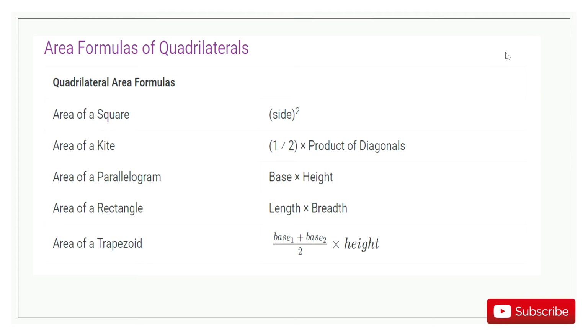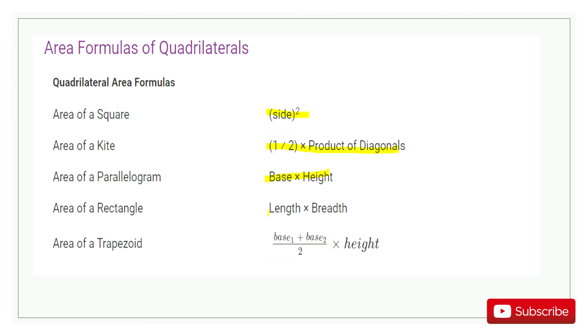The formulas for these quadrilaterals which we have done just now: area of a square is side square. Area of a kite, which I just mentioned, is half into the product of diagonals. Area of a parallelogram is base into height.